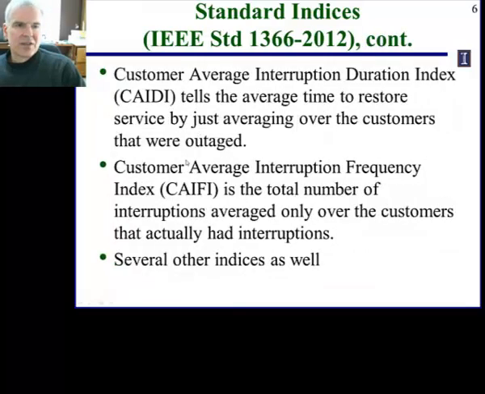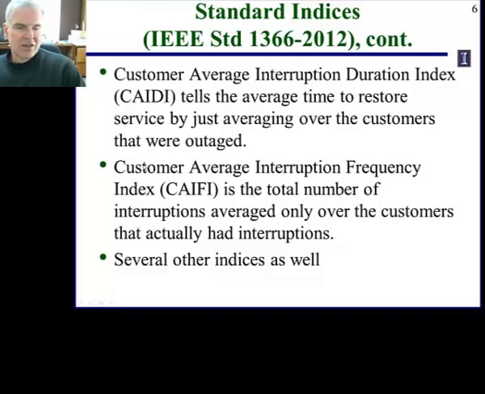Two other statistics are what are called the Customer Average Interruption Duration Index, CAIDI. That tells the average time to restore service by just averaging over the customers that were outaged. So in the previous index, we took the total minutes out divided by total customers. This takes the total minutes out but divides it just by the customers that were actually outaged that year.